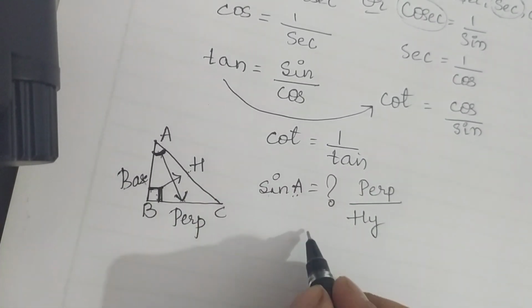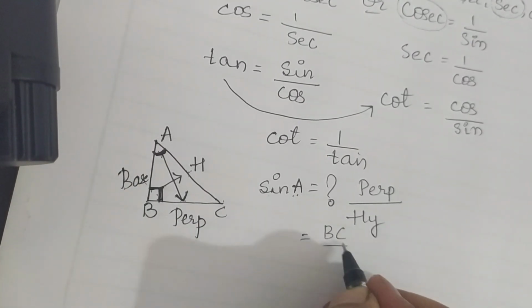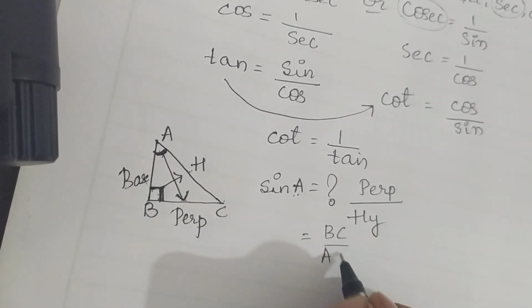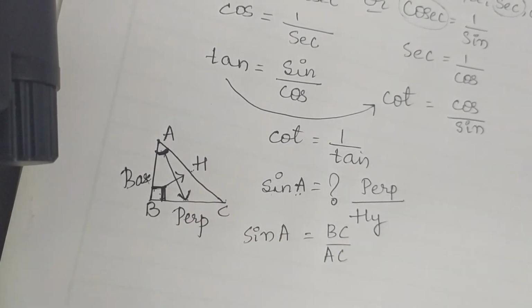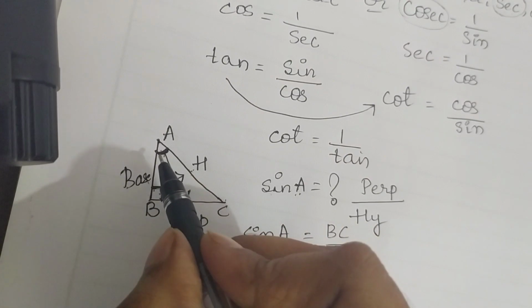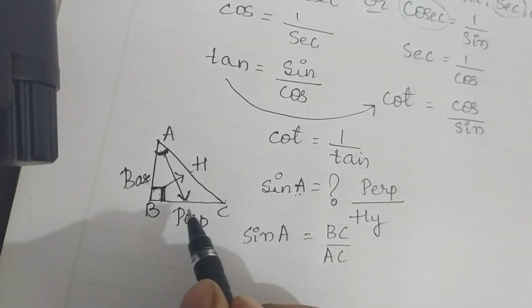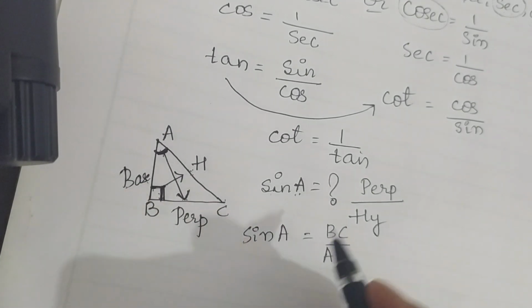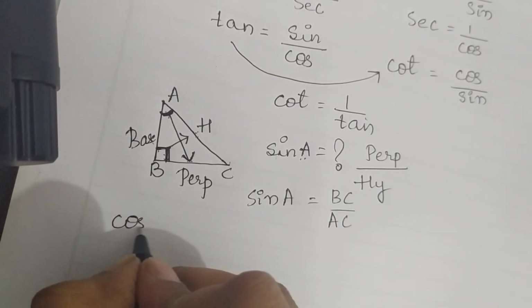The perpendicular here is BC, the hypotenuse is AC. So sine A is equal to BC upon AC. In an exam, if they give the lengths in centimeters, you can use them and write sine A. And now what about cos A?